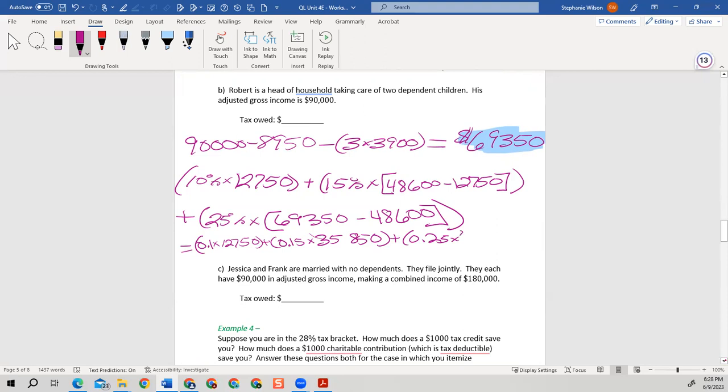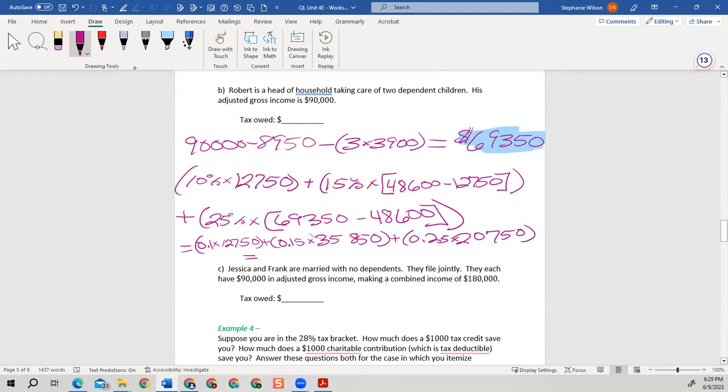Sorry, minus 48,600. That looks much better. I was going to say that's not a really good number. So 20,750.